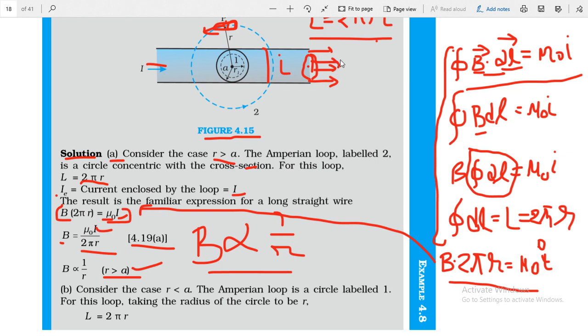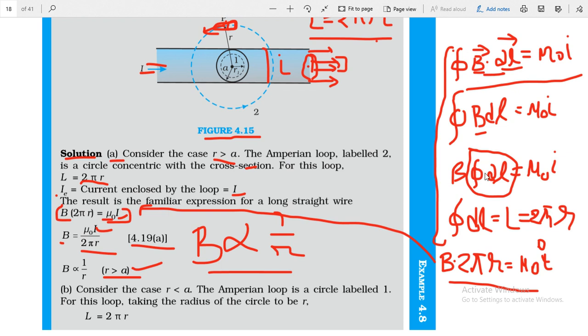So this current is quite less than the whole current, that is I. It means the current flowing through the circle represented by the dotted line must be less than this current I. So in this case, this integral B dot dl becomes mu naught I dash, because it is not the total current, but it is quite less than the total current flowing through this conductor.